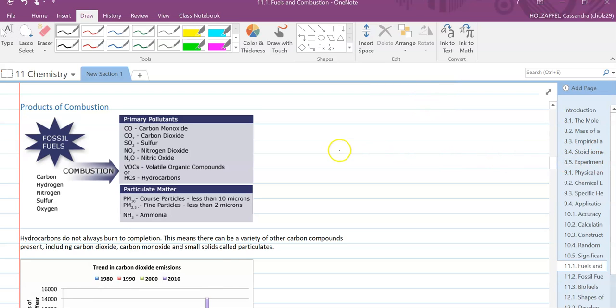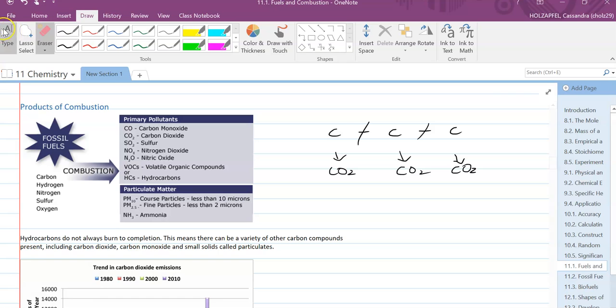Like I was saying before, we had that propane compound, and it has 3 carbons, and if it was to cleanly burn, that means that each of these carbons are being snapped off, and each of them reacts with oxygen to produce carbon dioxide. That would be what I would consider a clean burn, because the only thing you would see would be maybe a little bit of heat, because this carbon dioxide gas is clear, so you wouldn't actually see it.